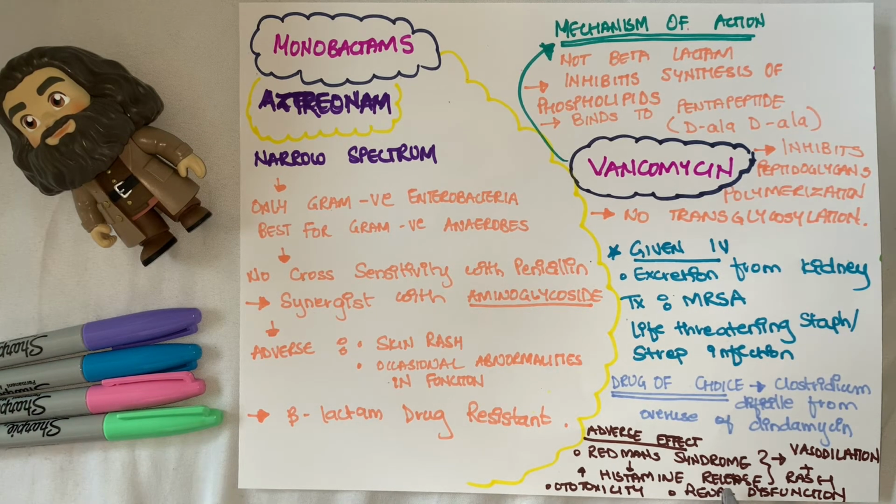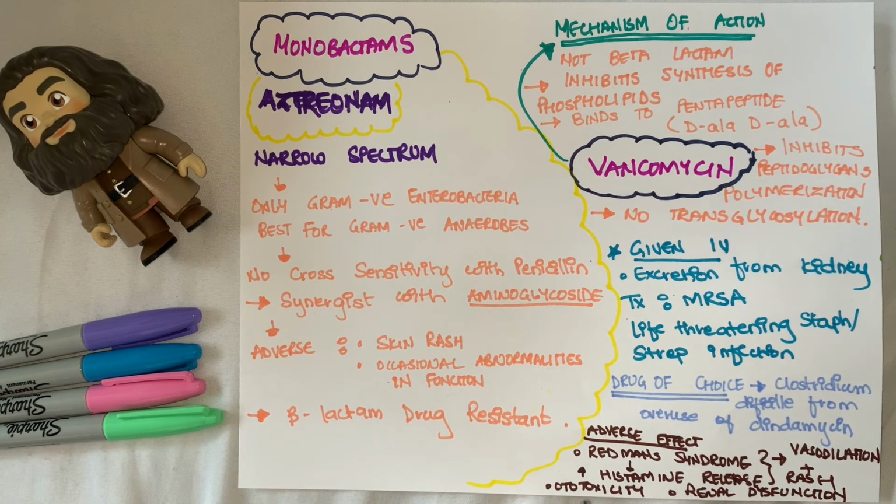And histamine being one of those mediators in our body that increases vasodilation. Vasodilation and rash appears, and that's why we have red man's syndrome. Remember, vasodilation causes more blood flow into the periphery, leading to a rash on the skin. Red man's syndrome. Important point.